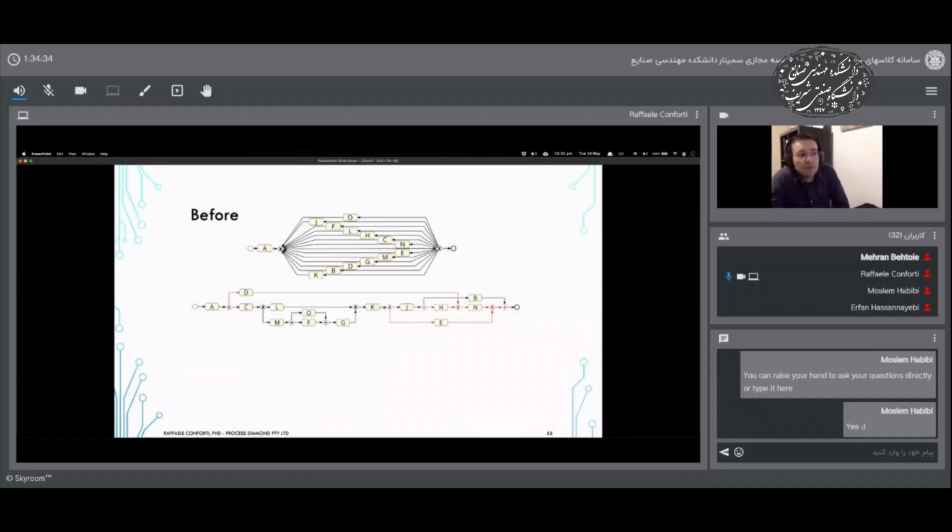But if at this point I decide to go right, I reach the join, and now I'm stuck. This is one of the situations where my process is unsound, because I may find an execution where I reach a certain point, I cannot move forward anymore because I'm expecting something that never arrived.